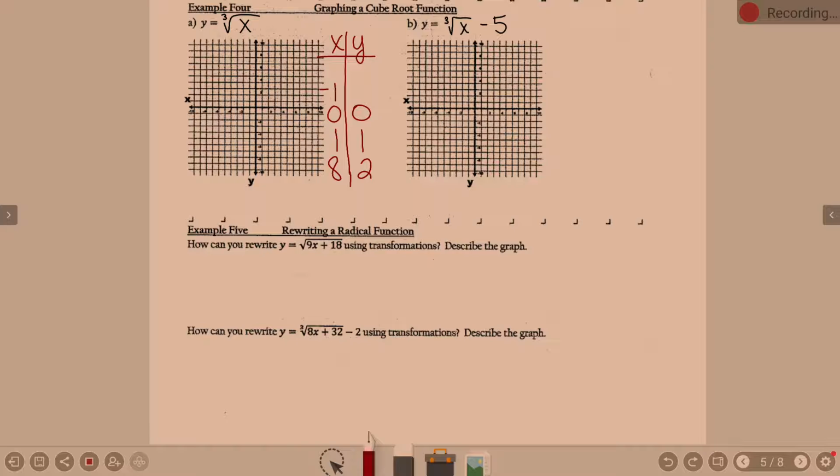What's the cube root of negative 1? Negative 1, because negative 1 times negative 1 times negative 1 is negative 1. What else am I going to ask for? Negative 8. What's the cube root of negative 8? Negative 2. Because negative 2 times negative 2 is 4, times another negative 2 is negative 8.